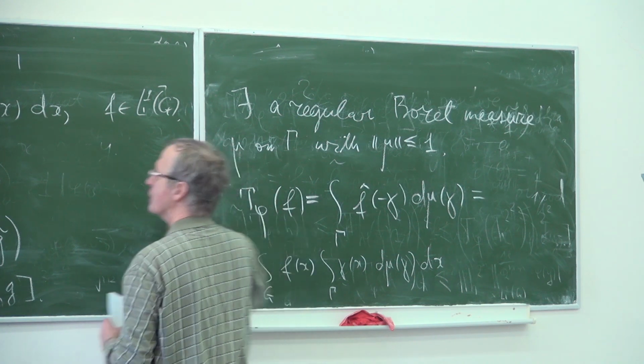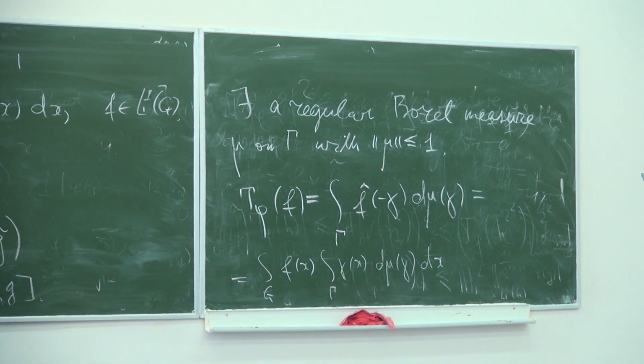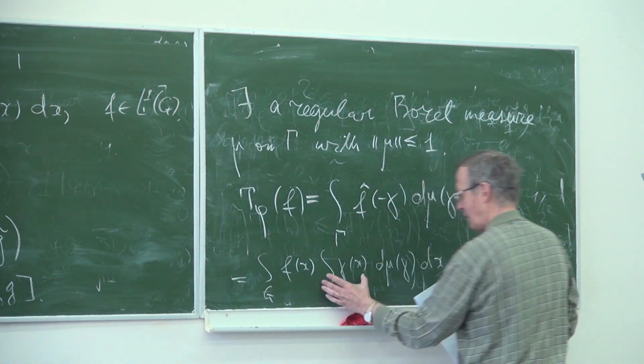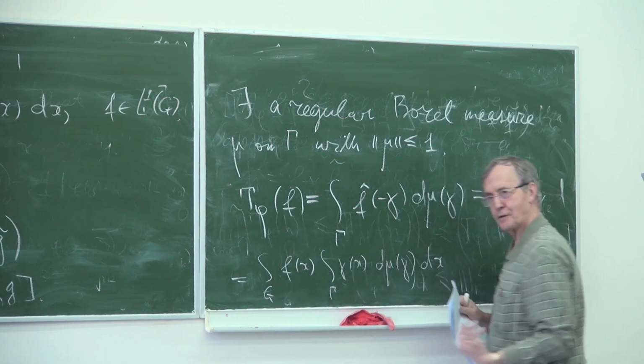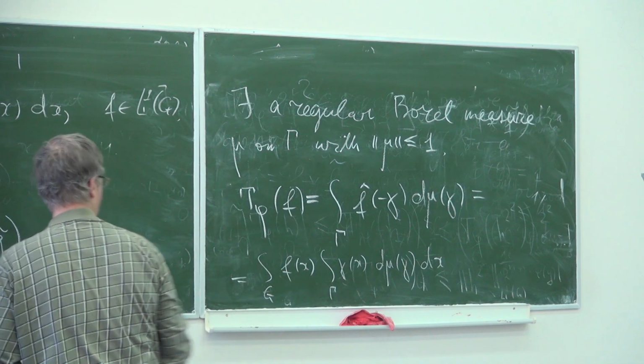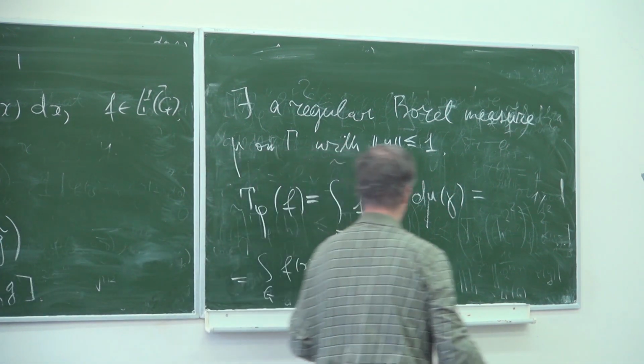And I remind you that t phi of f is equal to this. So if we integrate phi with every function in L1, we obtain the same as if we integrate this function with the same function in L1. So this means that this is equal to this almost everywhere.